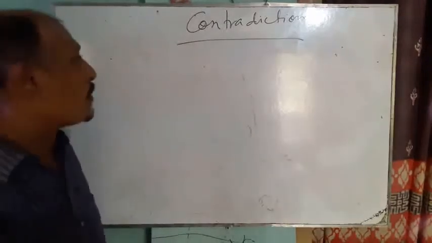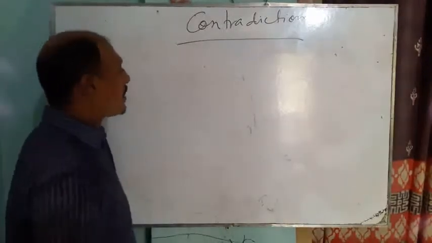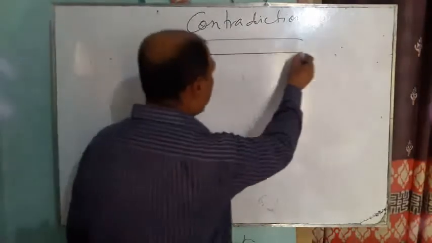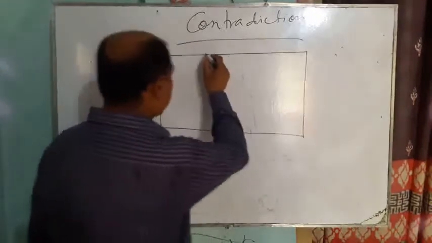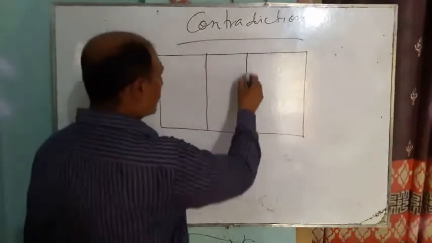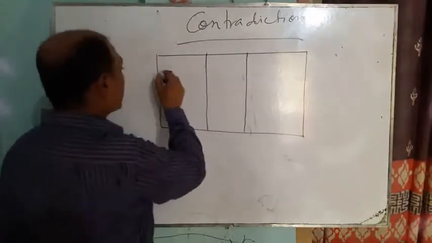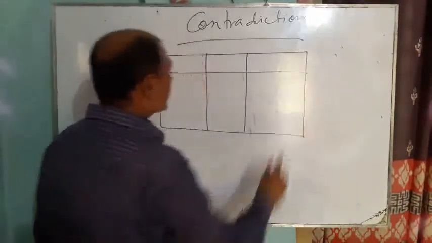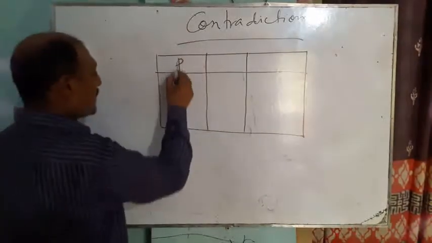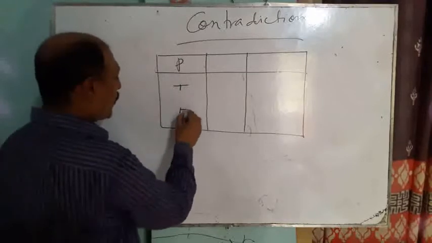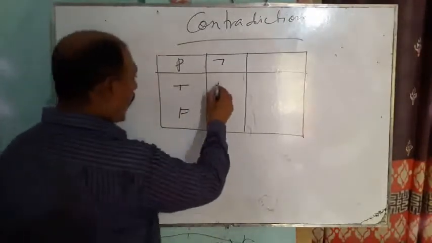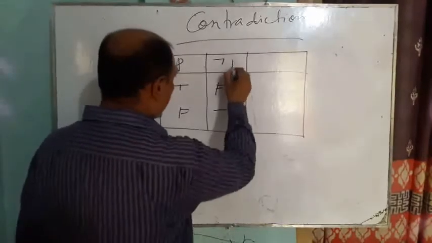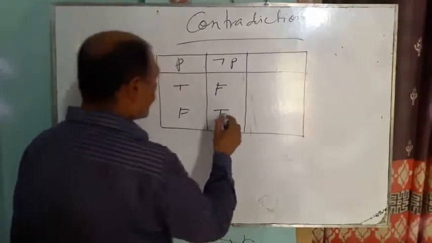Now the truth table: P true, false; negative P false, true.